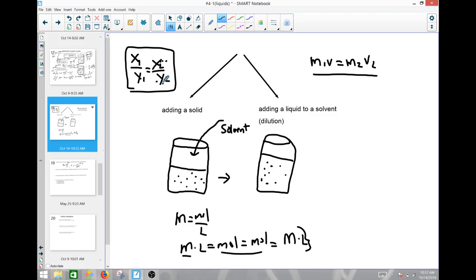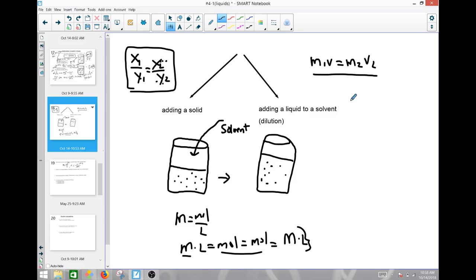You're just solving it out, this is factor label. This is a reciprocal proportion. As one goes up, the other goes down in order to maintain the balance. So if the volume is going to go down, then the concentration has to go up, and vice versa. They don't move the same way. They're reciprocals.